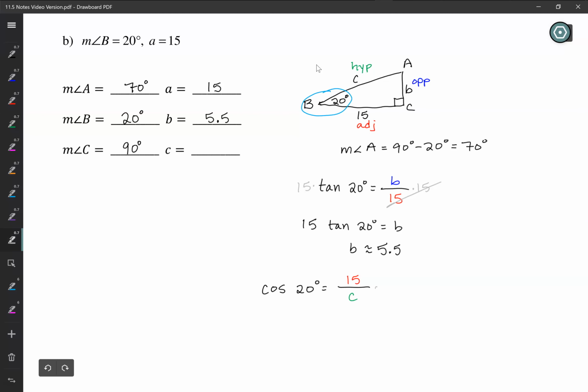C is on bottom, two-step problem. Multiply both sides by C. C times the cosine of 20 degrees equals 15. Divide both sides by cosine of 20 degrees.